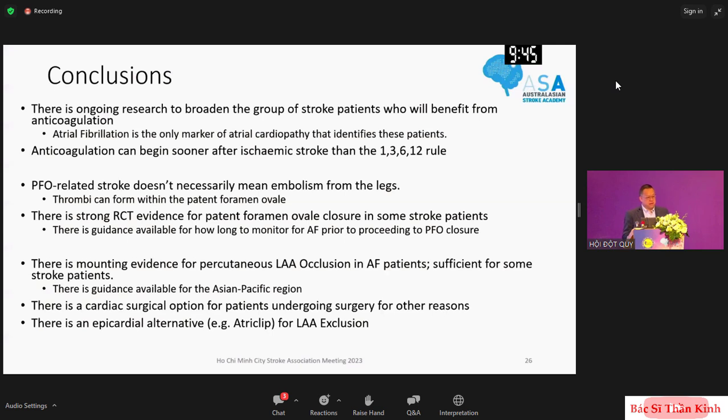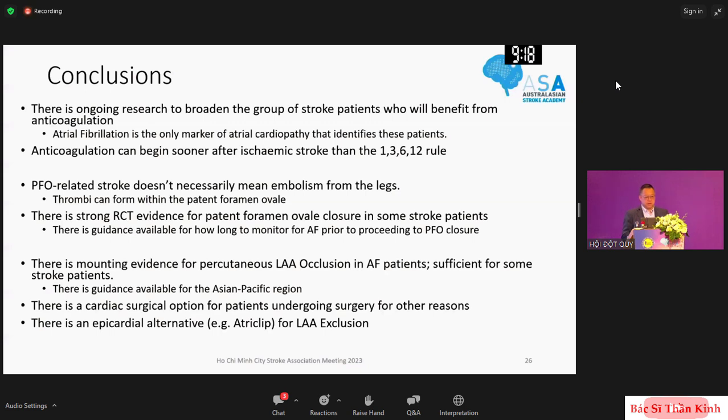Patent foramen ovale related stroke doesn't necessarily mean embolization from the legs, because the thrombus can form within the patent foramen ovale. And we have good evidence that we should proceed in patients who have PFO if they meet those other criteria that we talked about in that previous slide, with some guidance about how long to monitor for atrial fibrillation before proceeding to PFO closure.